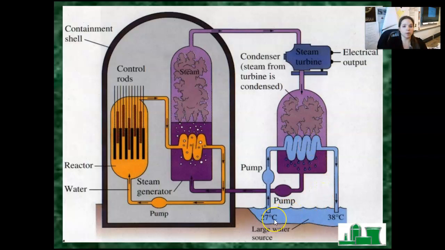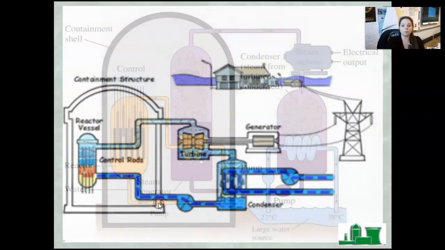So they form a condenser using water from a large source that's pumped up in here, which is cool water hitting steam, which condenses, causing it to turn back into droplets of water, which is then pumped right back around to keep going around in a circle and a circle and a circle, which is why it is 365 days' worth of energy. It doesn't have to stop.